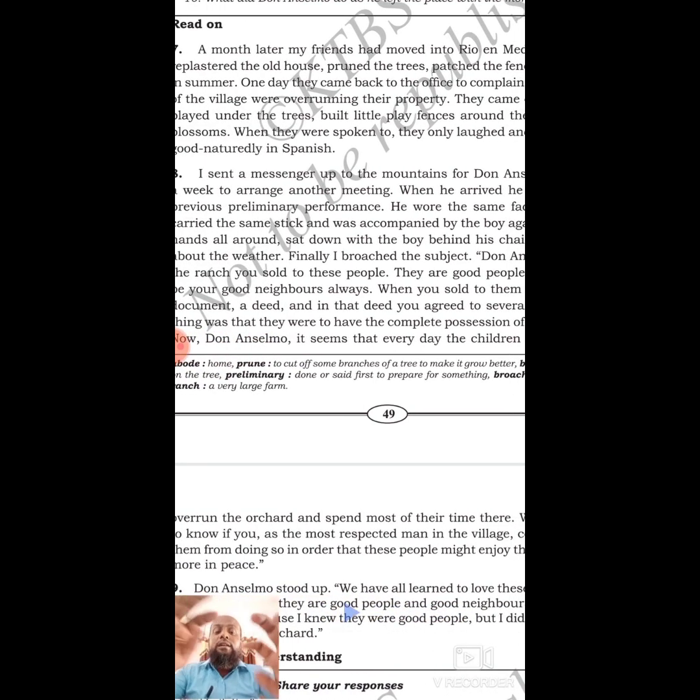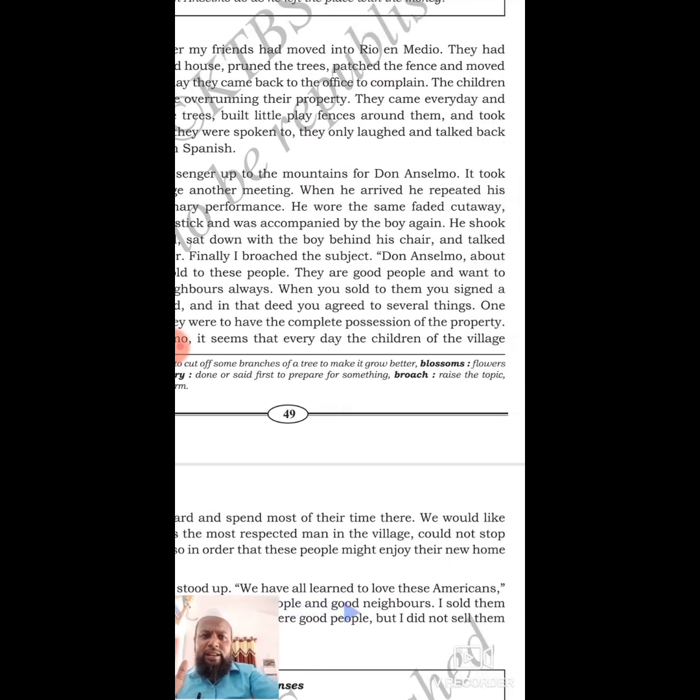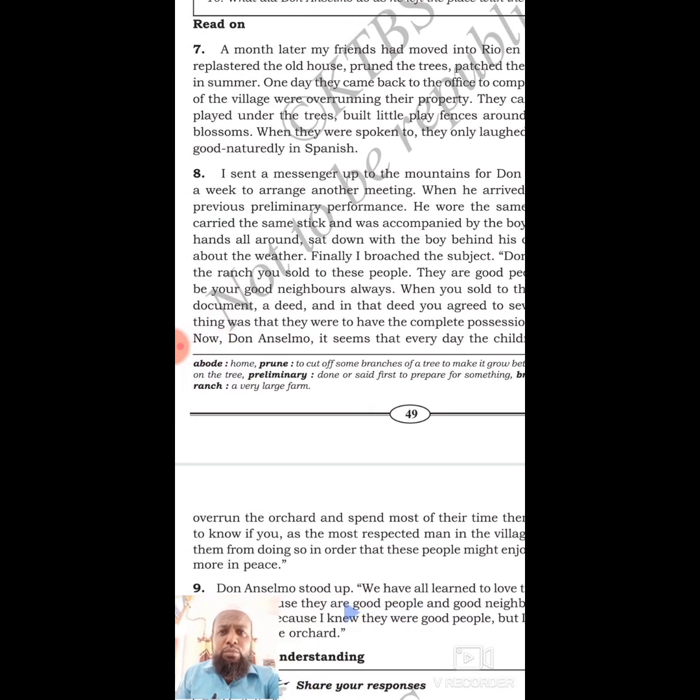In the sense, they purchased a house next to the river in Rio Medio. Pruned means cutting the trees in the proper shape to look beautiful. Patches have been made all around, putting up the fence surrounding it. And they moved in the summer.